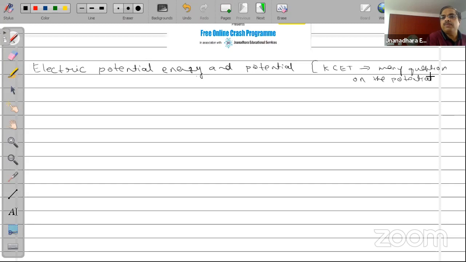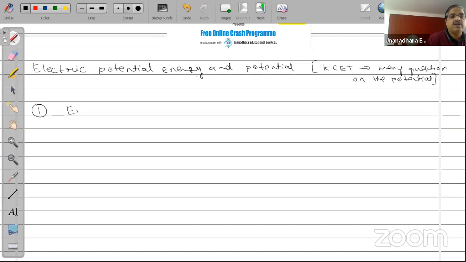Problems are easy to do and you can easily score marks in this. Also, the potential energy part will be used in your mains examination and NEET. So together they form a very important part of your examination curriculum. So let's start with the synopsis, look at all the important ideas.